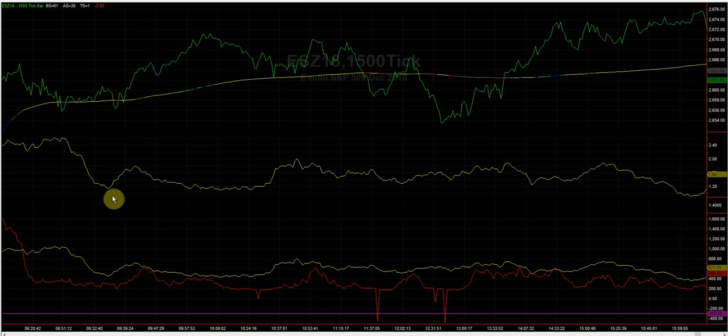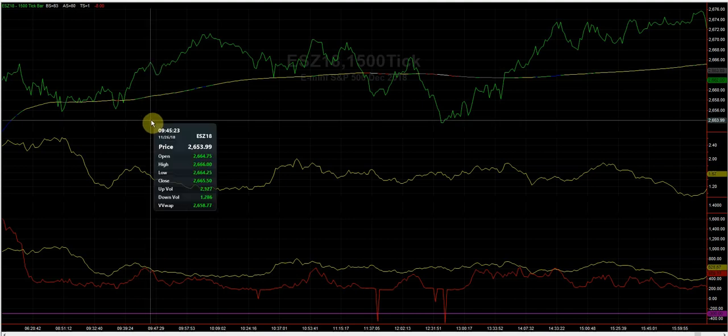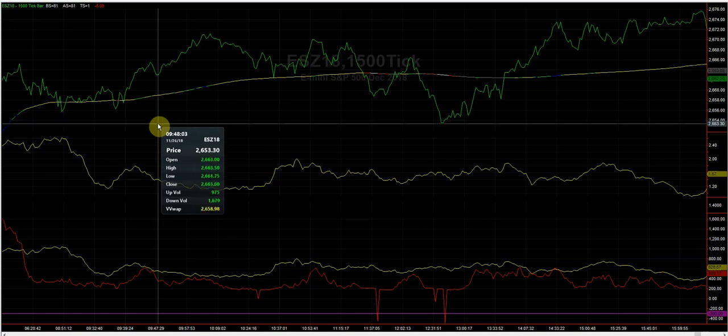Now, that may look like a small change in direction, but if we take it from right here, the high of that is 66, and the low of that is 61.75.